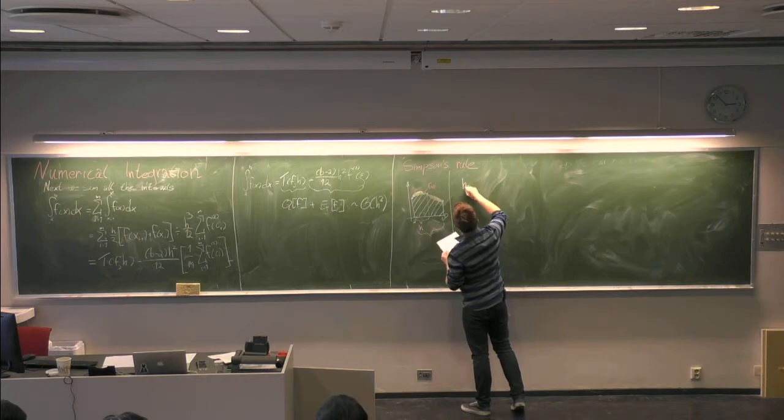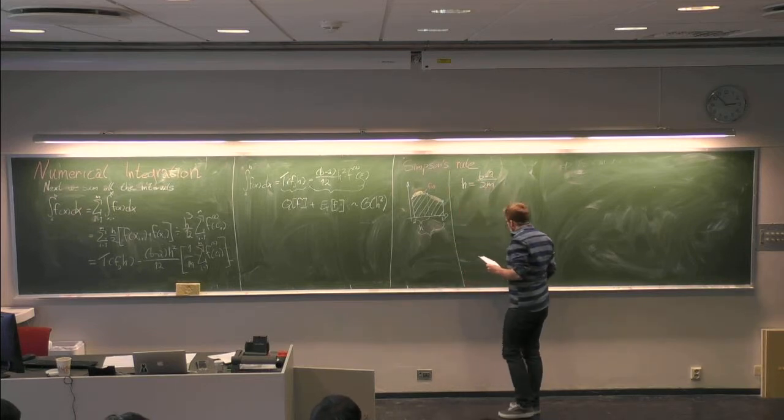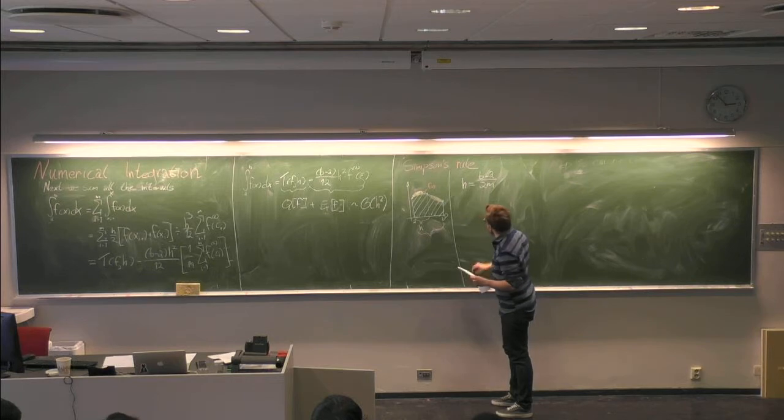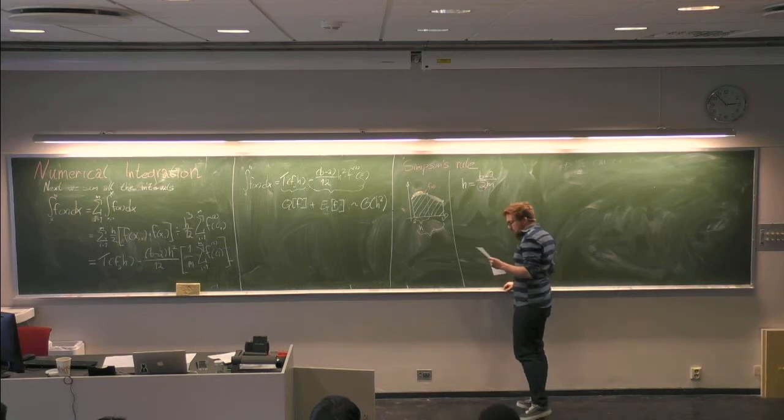So h here is (b minus a) divided by 2m. Looking at the trapezoidal rule, you see that it's just m. In Simpson's rule, there's going to be 2m.